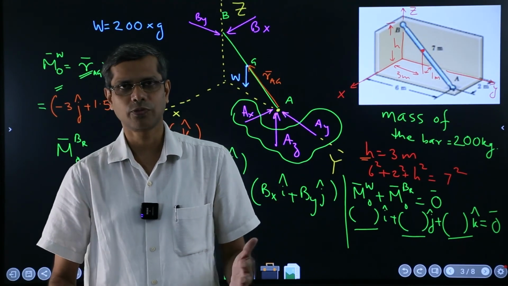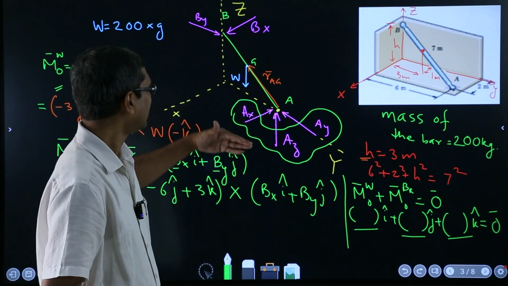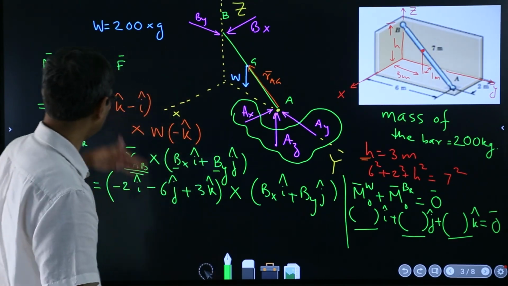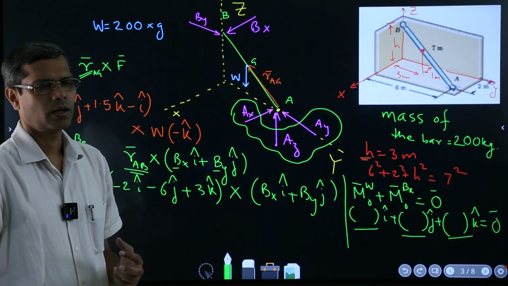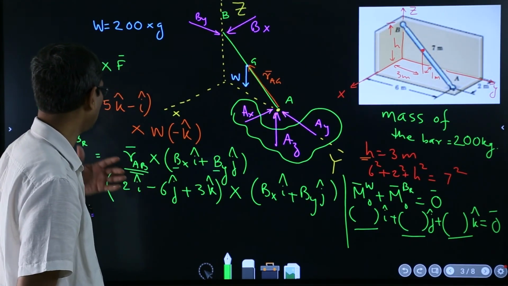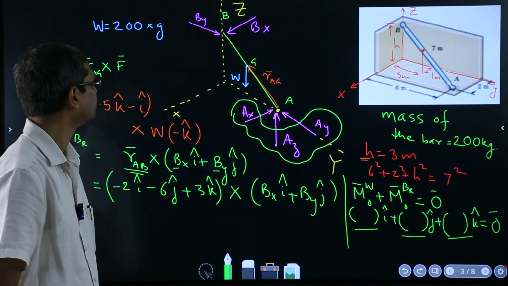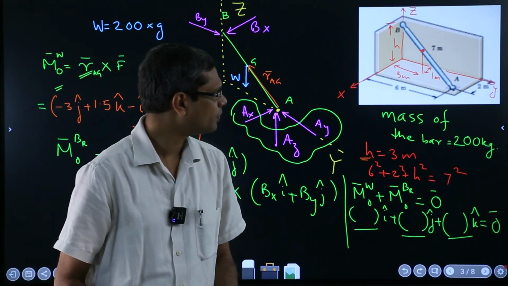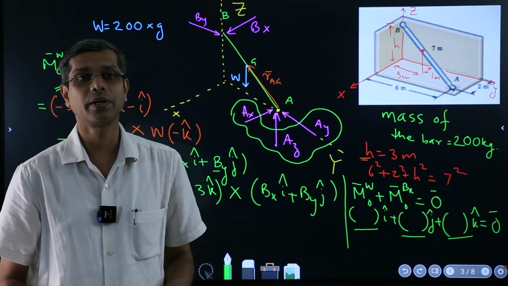Once you figure that out, that means once the free body diagram is there, the rest is just going back and writing the basic spatial vectors. We had read under that name the spatial vectors. So you do that and then you are done. Okay, we will see another example in the next segment.